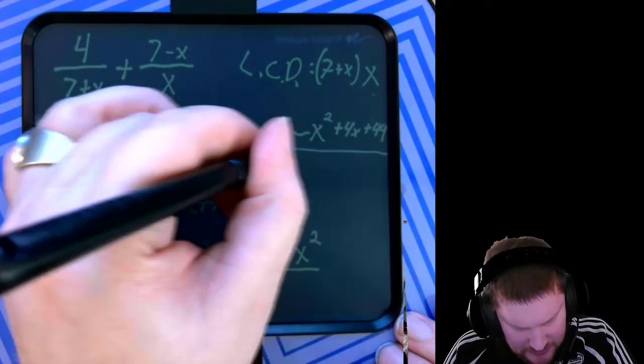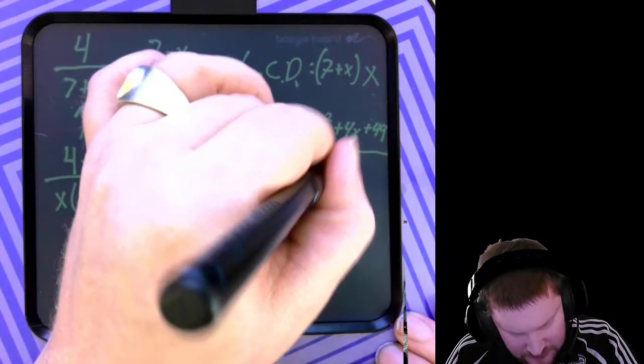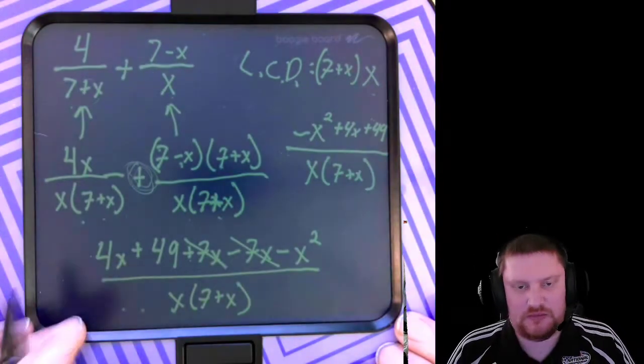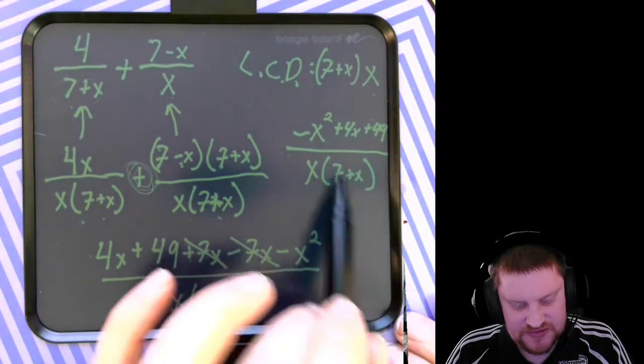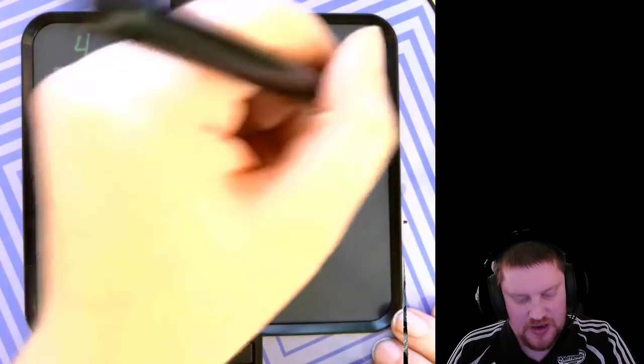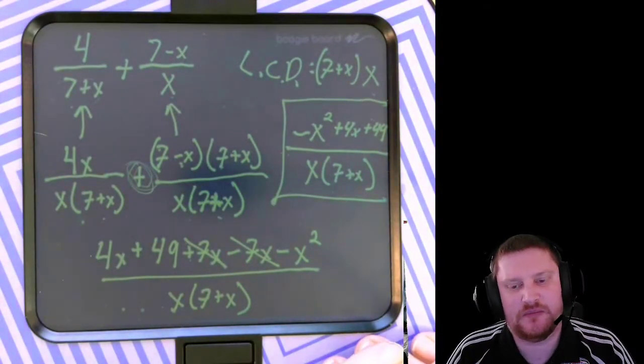And our denominator is x times 7 plus x. Now, I would usually write this as x plus 7. That's fine. It doesn't matter which order you write those in, as long as you have it fully simplified like this.